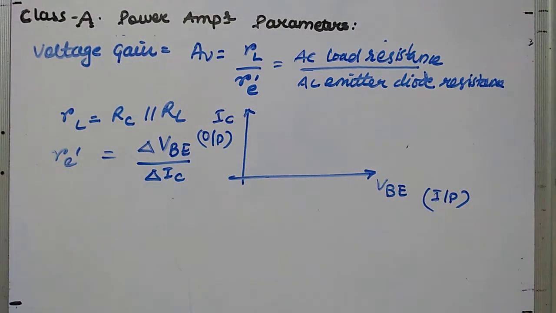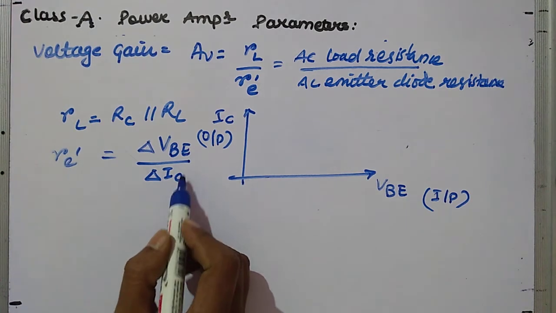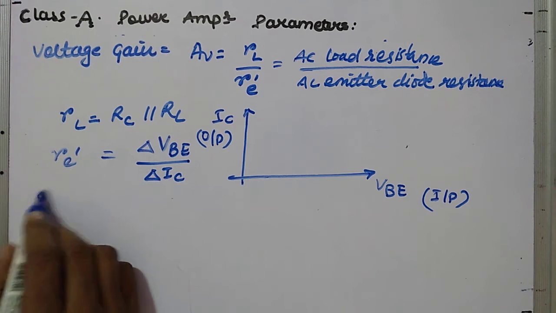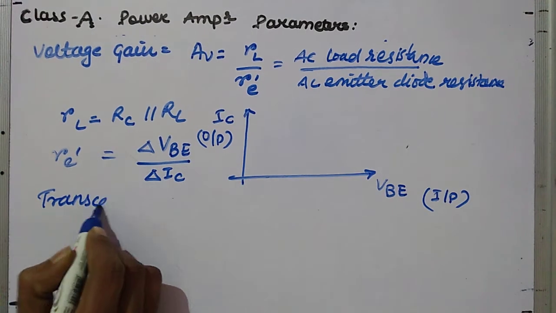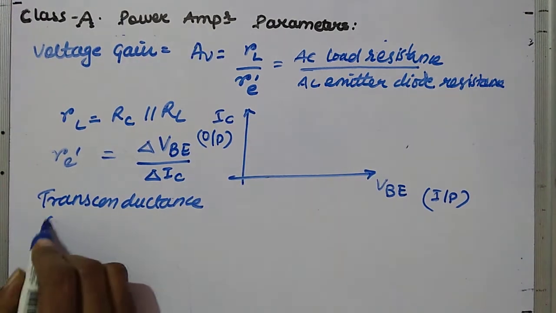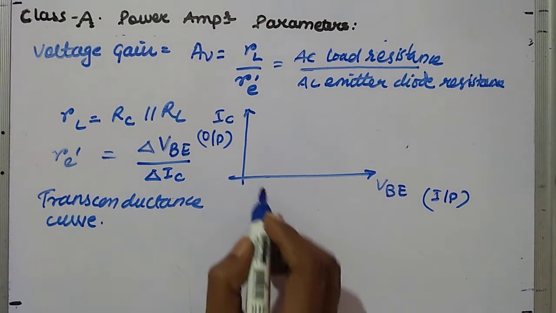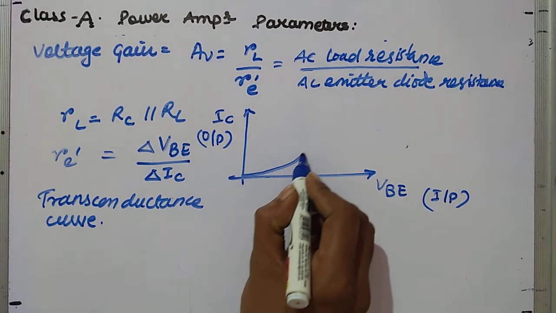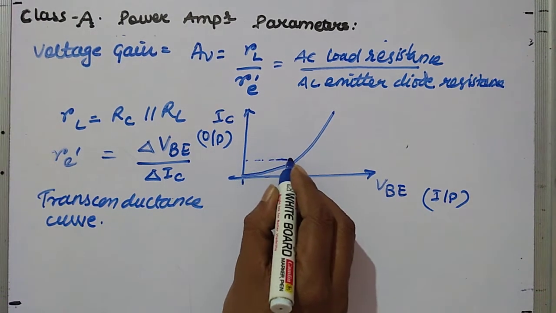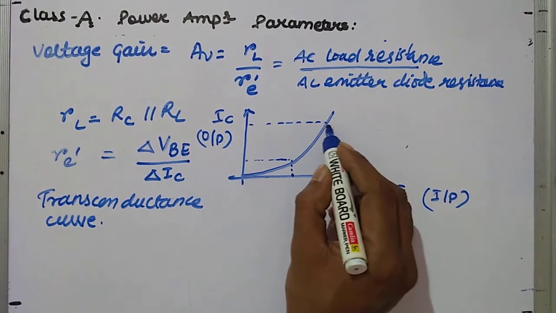So this is output upon input, so it can be called the transconductance curve. Now if you plot, it will show like this, and now this change is any two values you will measure.